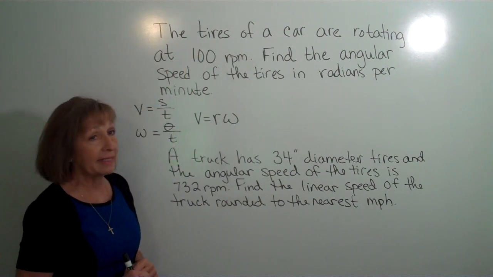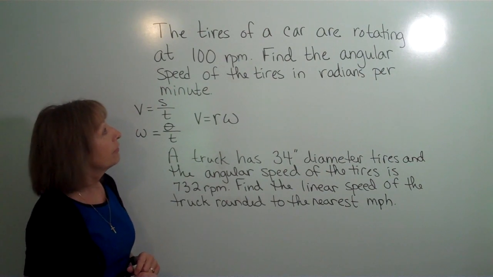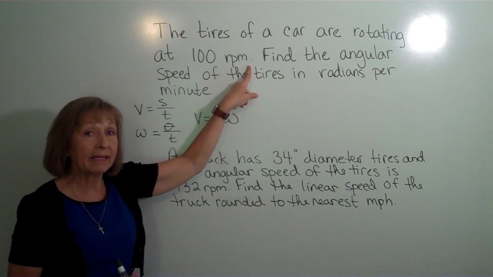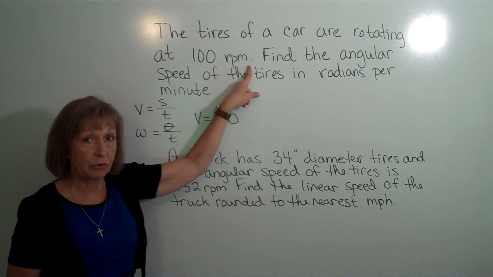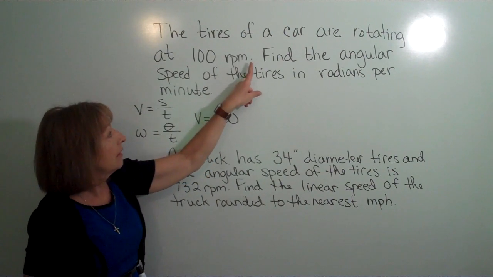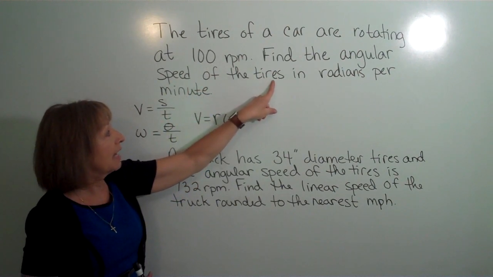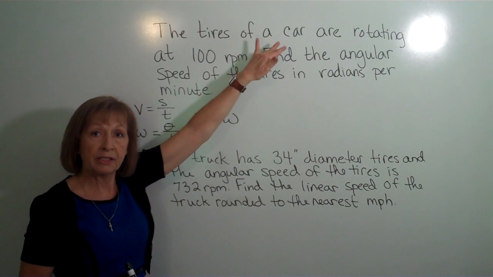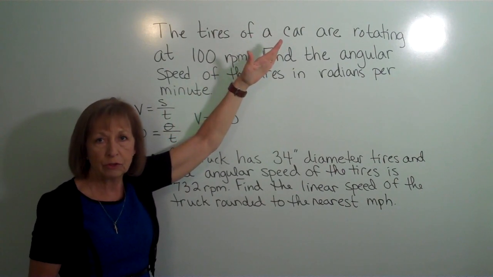The first problem, as an example, says the tires of a car are rotating at 100 RPM. So remember, by convention, RPM is revolutions per minute. Find the angular speed of the tires in radians per minute. So here it's talking about the rotation of the tires, so that's angular speed.